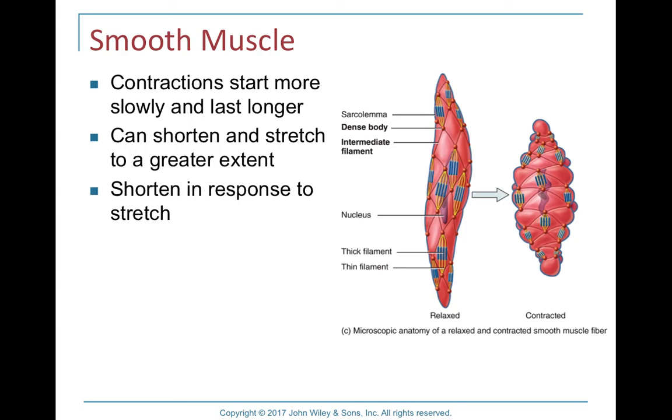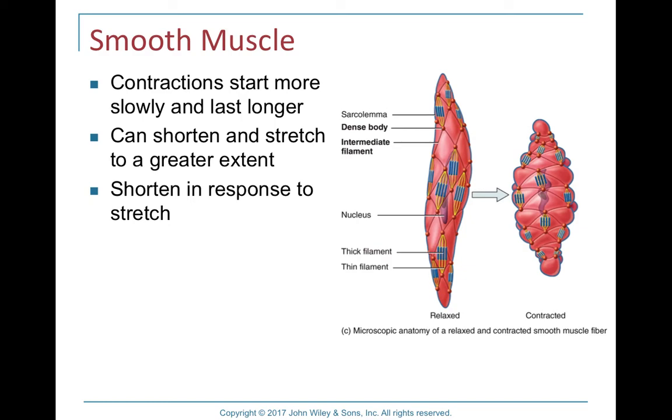The contractions will start more slowly in smooth muscle but last longer, and it can shorten and stretch to a greater extent than our skeletal and cardiac muscle. It also shortens in response to stretch.